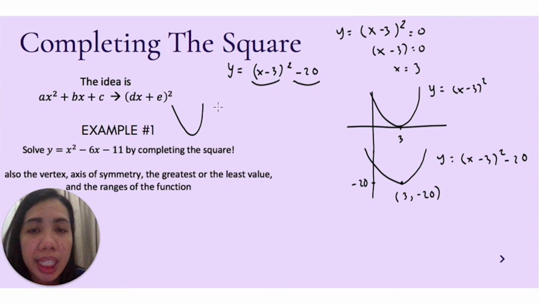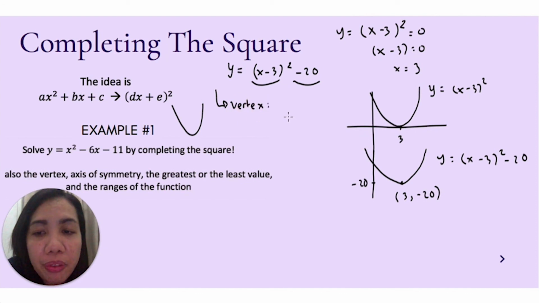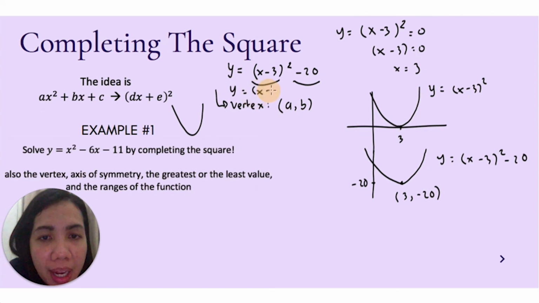Or if we want to get the vertex only by seeing this expression, if you want to find the vertex, you just need to see this number and this number. For example, if the vertex is a point a, b, then the standard form for this is y equals x minus a squared plus b.